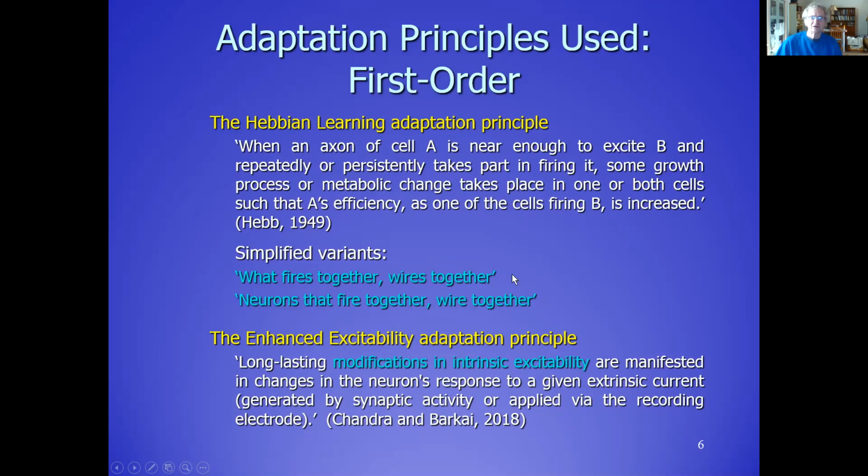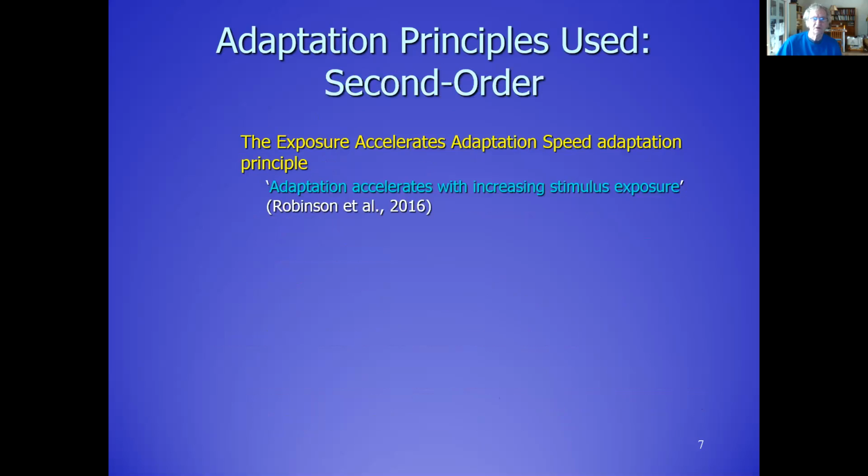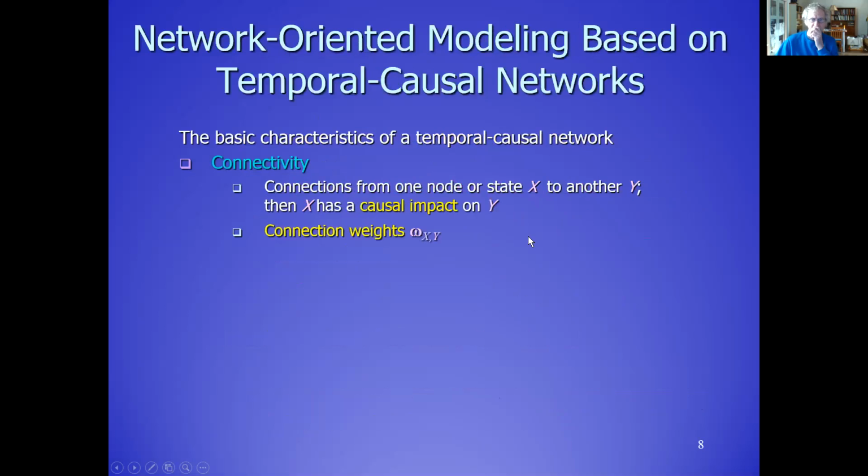So these 2 are used at the first self-model level. Then we also use a second order adaptation principle, also from cognitive neuroscience literature. In this case, the principle that adaptation accelerates as soon as there is more stimulus exposure.